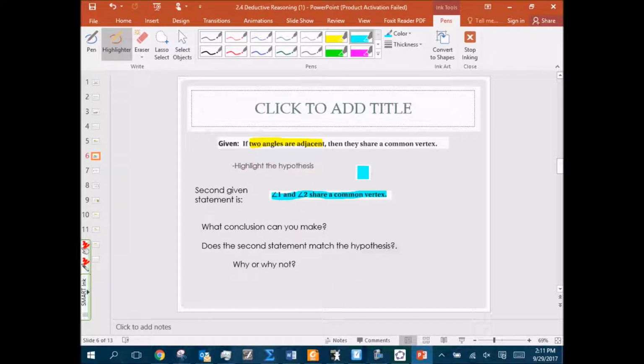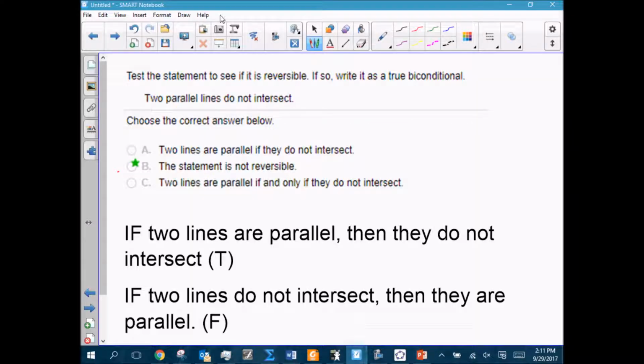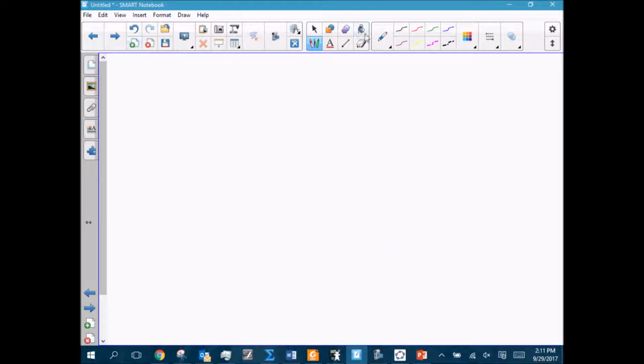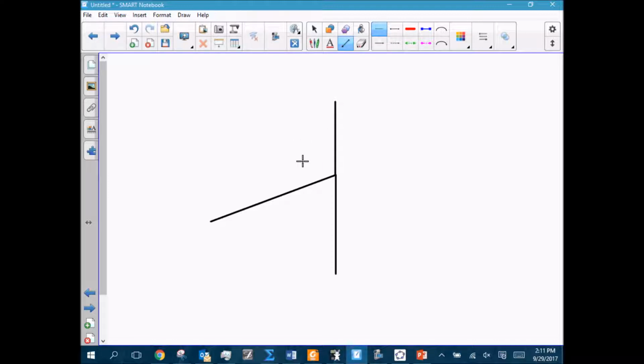Angle 1 and angle 2, if they share a common vertex, they don't necessarily have to be adjacent, because we could have pictures. If this is angle 1 here, and this is angle 2 there, they share a common vertex, they're adjacent, all that kind of stuff.